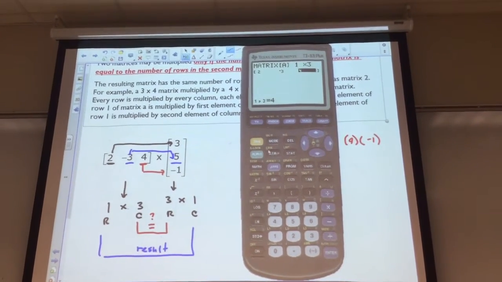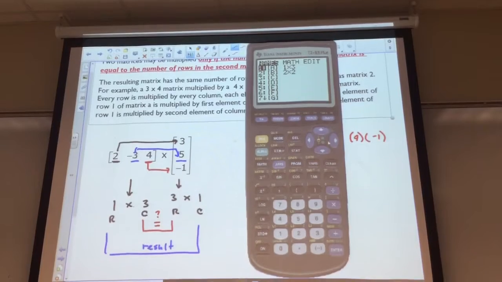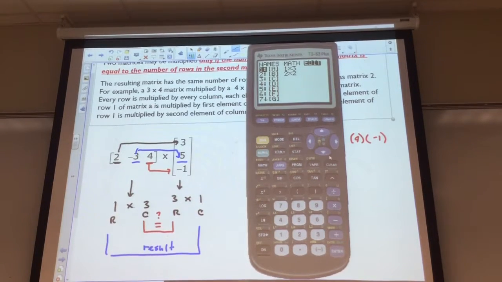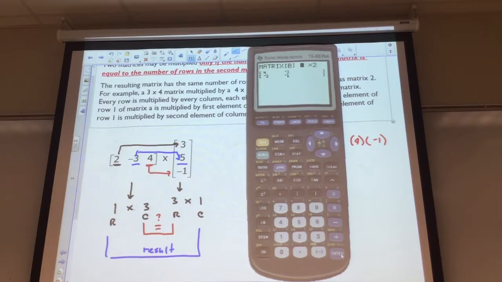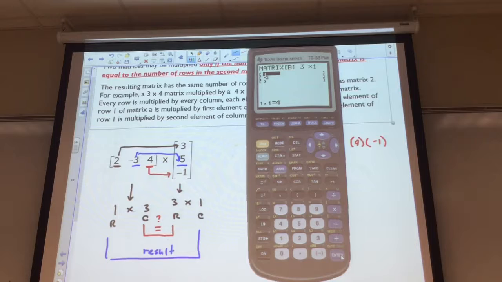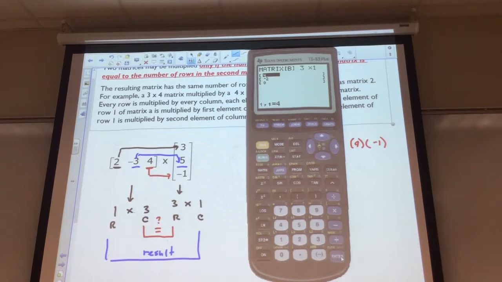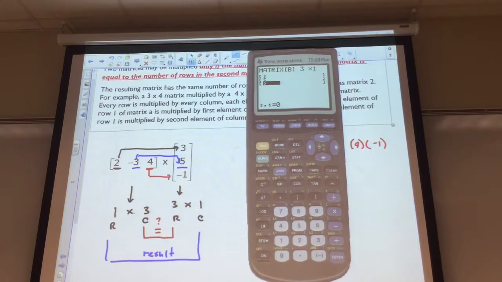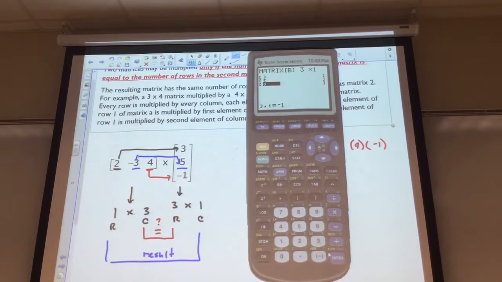And we're done with that matrix. What's our second matrix look like? It's 3 by 1. Template look right? Its cell values are 3, 5, and -1.